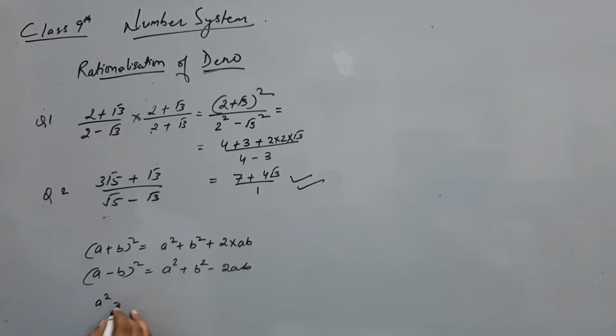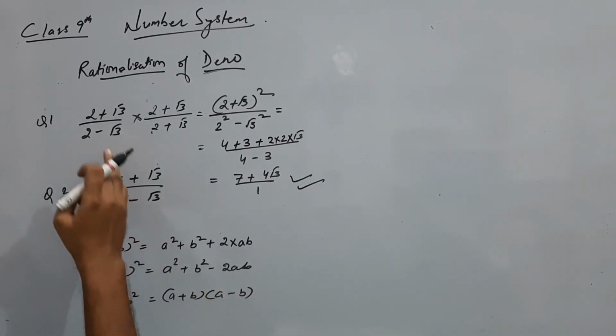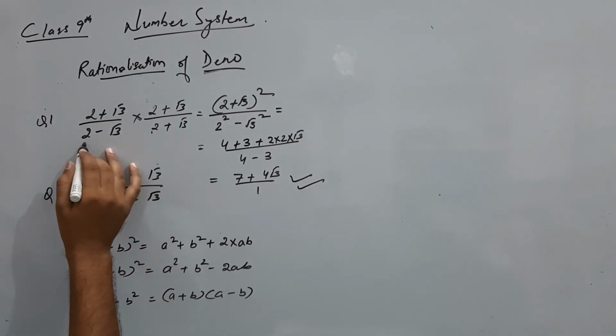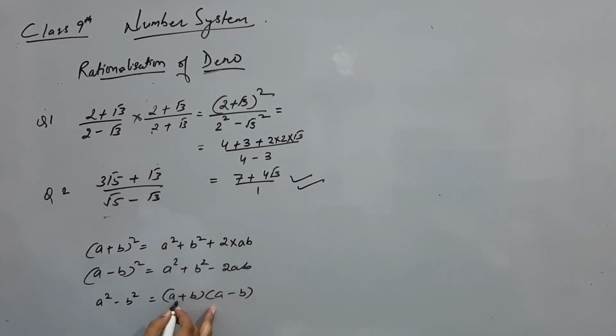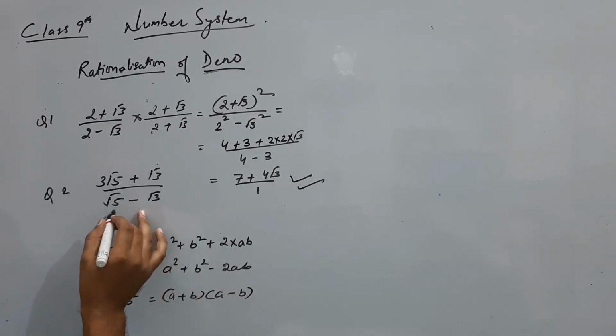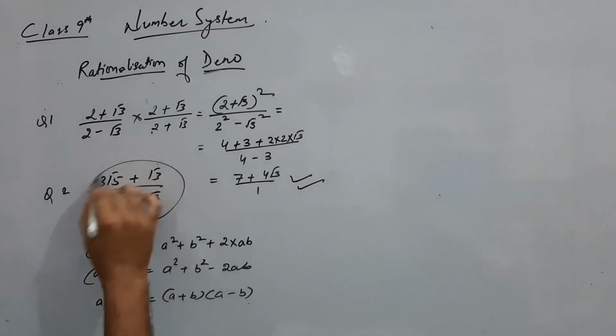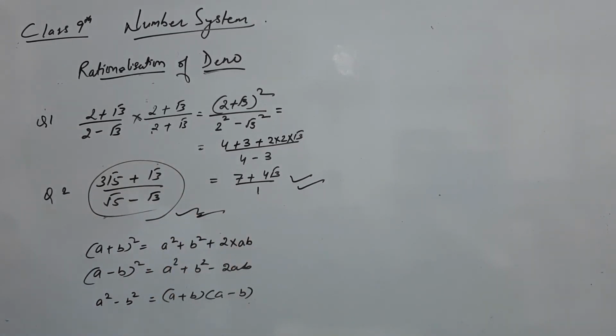And the last one that we're going to use here, a square minus b square, is a plus b and a minus b. Mostly this is the formula that we'll be using here. Whenever we need to multiply conjugatively, if it is a minus b, we have to multiply by a plus b. Whenever it is a plus b, we have to multiply by a minus b to make this formula possible. Then only we can rationalize any denominator. So try this question and let me know the answers.